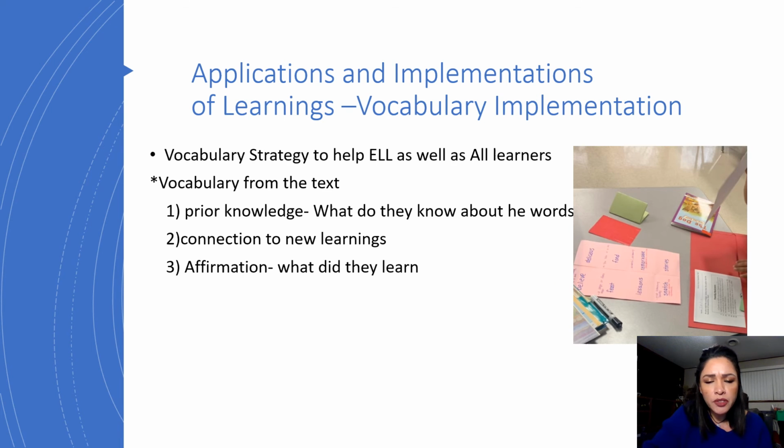Here the student is working with the vocabulary quilt. It's words from the text, keeping in mind prior knowledge, what they know about the words, connecting to the new learnings, and affirmation, what they learned about the words.